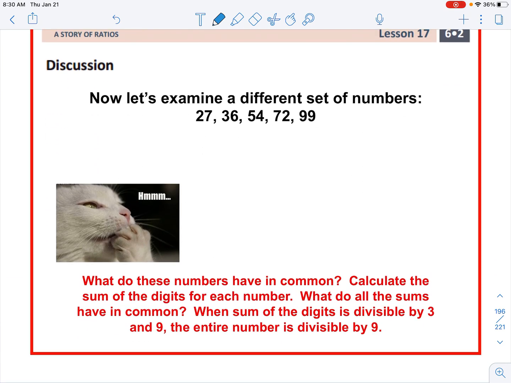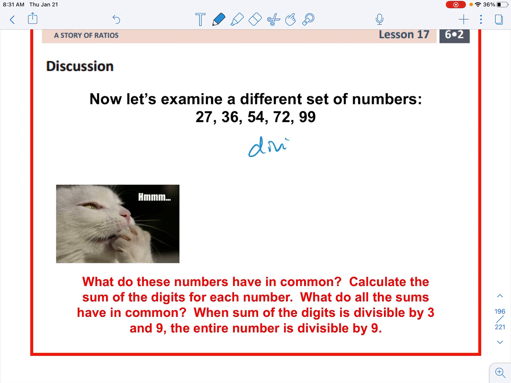Now let's look at this set of numbers: 27, 36, 54, 72. What do those all have in common? Well, they are all divisible by 9, and 9 has the same rule.